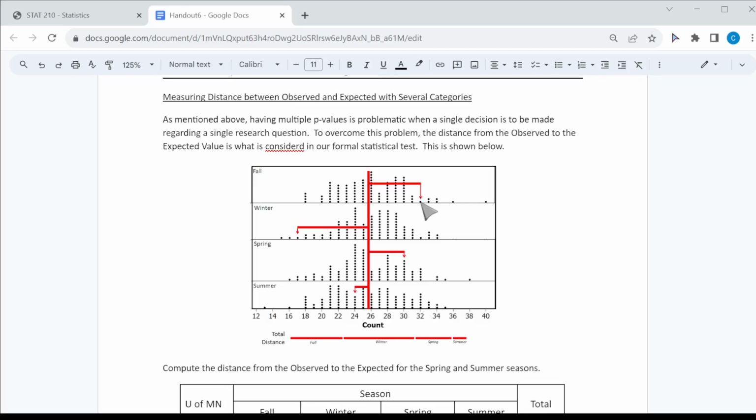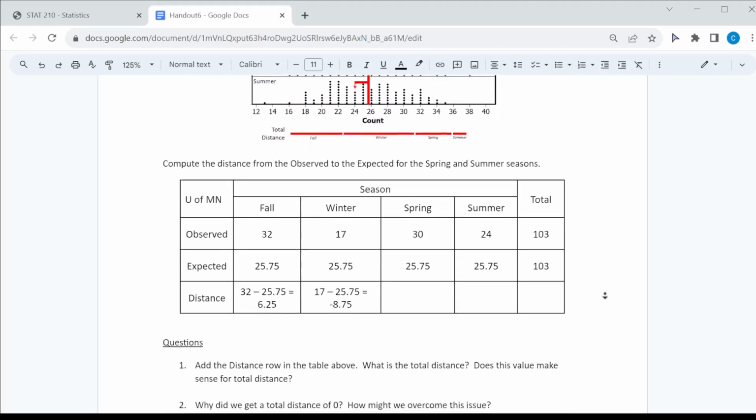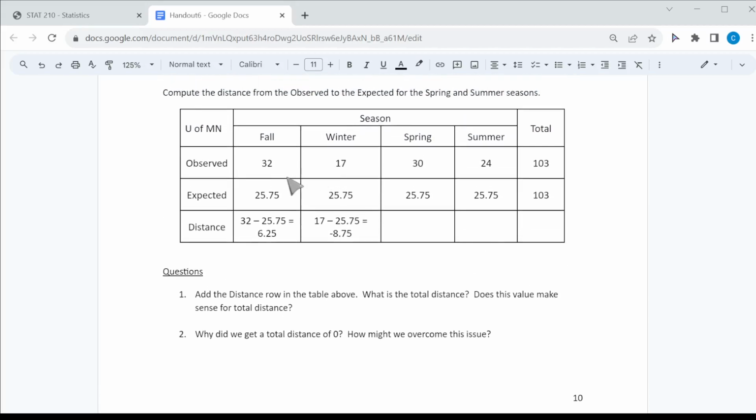So I'm just going to take 32 and figure out the distance between 32 and the expected. So whatever 32 minus 25.75, I think was the expected for this problem. So that math here is on the bottom of page 10 here. So if I just take 32 and subtract 25.75, I end up with a positive 6.25.